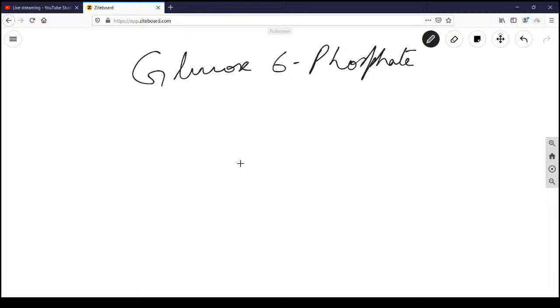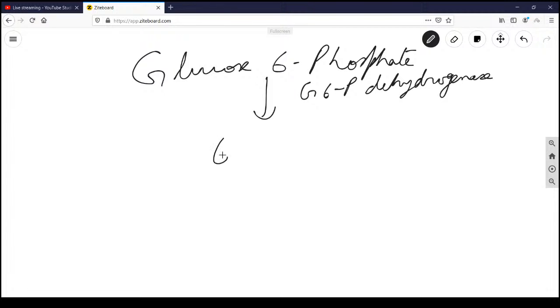It will use the enzyme glucose 6 phosphate dehydrogenase and it will produce 6 phosphogluconate. Dehydrogenases are the enzymes that take part in oxidation reduction reactions.